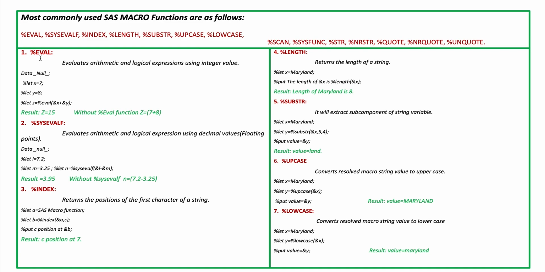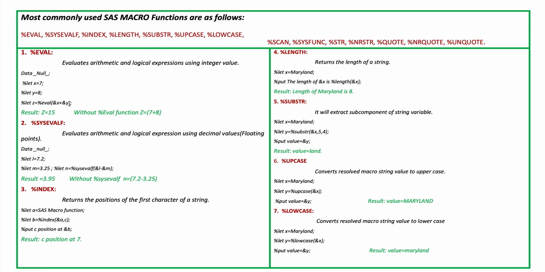First one is %eval. It evaluates arithmetic and logical expressions using integer values. Suppose we have two macro variables x and y, with values 7 and 8 respectively, and we are going to create another macro variable z by using the %eval function. Inside the parentheses we use &x + &y, where &x is 7 and &y is 8.